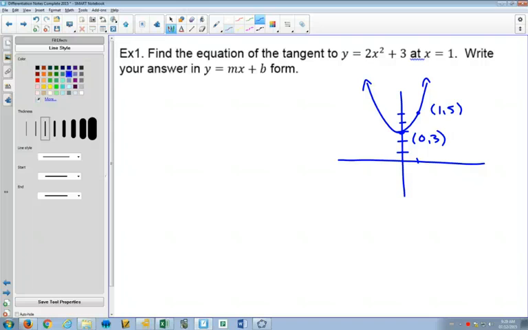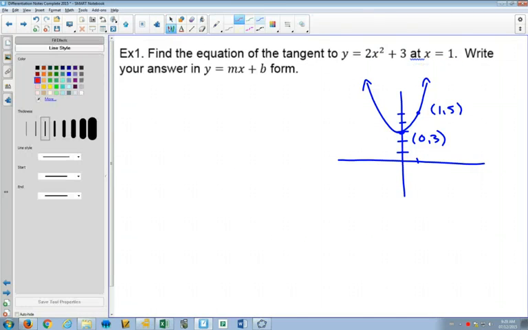I used the strategy of going over 1, up 2 because my a value was 2, but you could also find the point 1, 5 by just plugging in 1. What happens when I plug in 1? I get 1, 5.